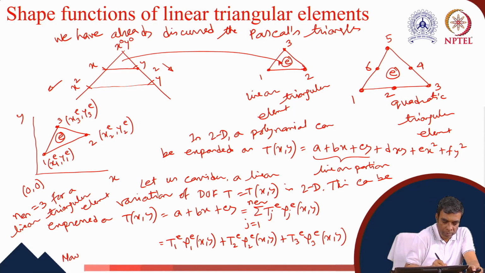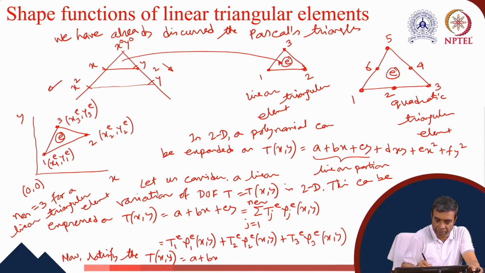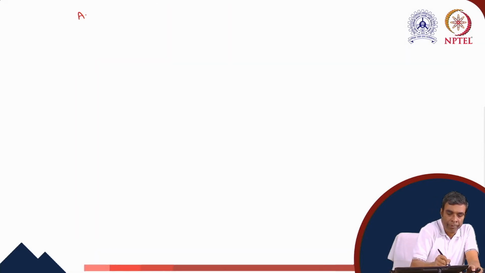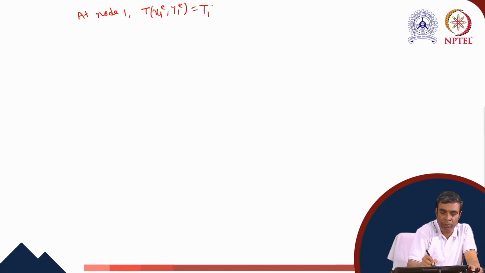Now satisfy the T(x,y) equals A plus Bx plus Cy function at each node of the element. At node 1 we have T(x1e, y1e) equals T1e.